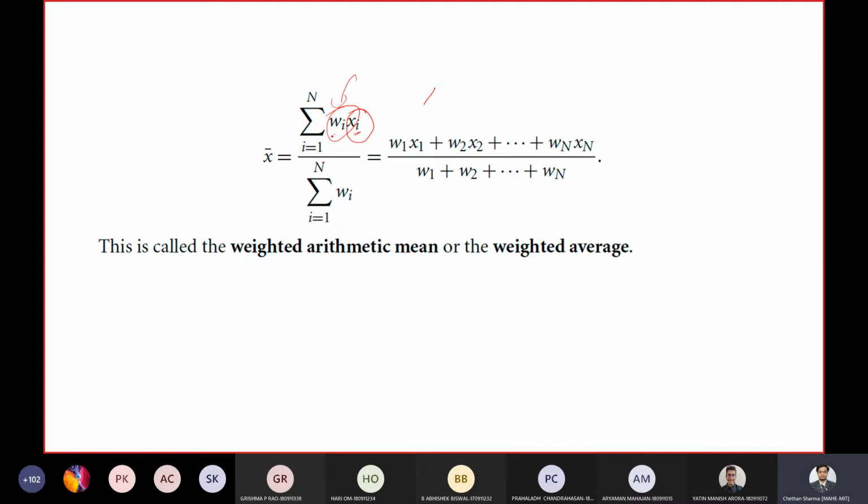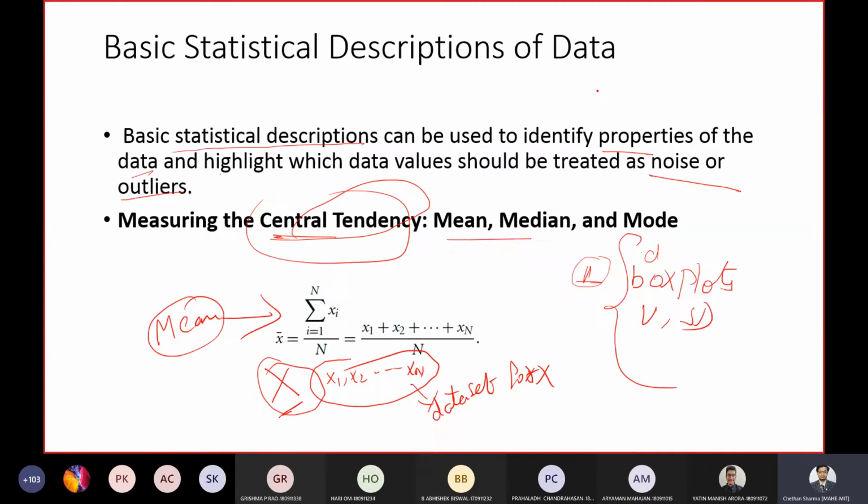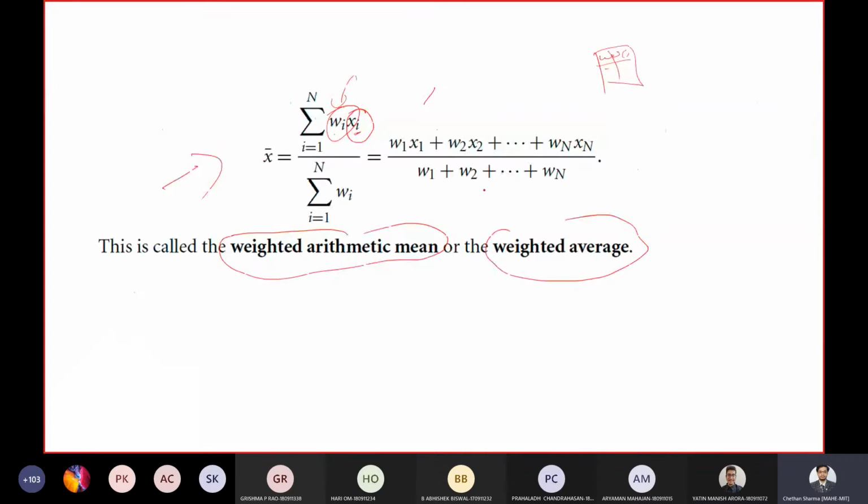If there is a weight associated with each xi, you will be computing something known as the weighted arithmetic mean or weighted average by using this particular formula. There are no specific problems as such. In case in the question there is a weight wi associated with each xi, instead of this equation you will be using this equation to find out the weighted arithmetic mean or weighted average.